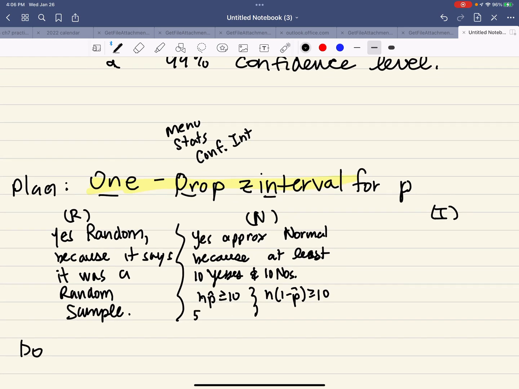We took 50 shots and the proportion was 31 out of 50, meaning 31 went in. That's greater than 10. And 50 times 1 minus 31 over 50 equals 19, which is definitely greater than 10. So at least 10 shots went in and at least 10 did not.